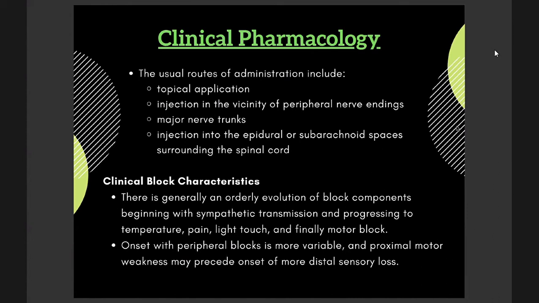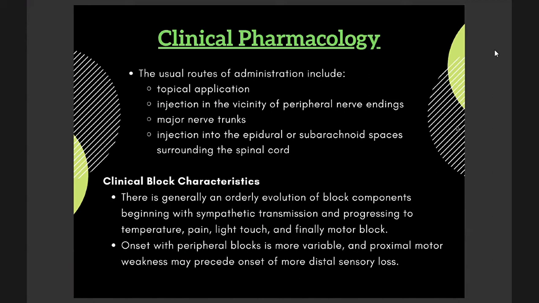The first to be blocked is your sympathetics or autonomics. The second is your sensory block, meaning pinprick sensation, touch, and temperature discrimination. The last to be blocked is your motor function, which results in skeletal muscle paralysis.